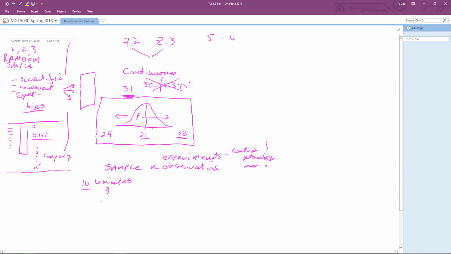But for the sake of this conversation, what I'm saying is every hour we collect 10 samples, okay, and that is called the sample. The sample has n observations, okay, and the confusion there, which I mentioned in class, is sort of analogous to accounting, where you have to keep track of the difference between a debit and credit.